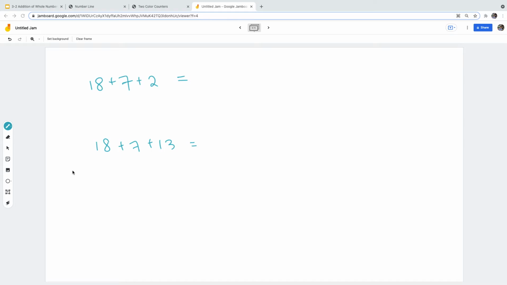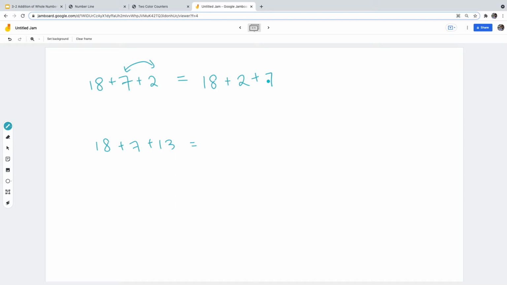Okay, so 18 and 2 makes a really good easy number, right? Because it's 20. We know that 8 and 2 makes 10, and 18 plus 2 is 20. So I'm going to move this here, and that here, by switching these two around.